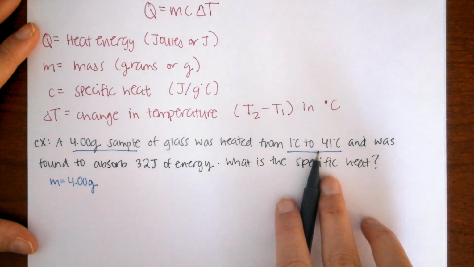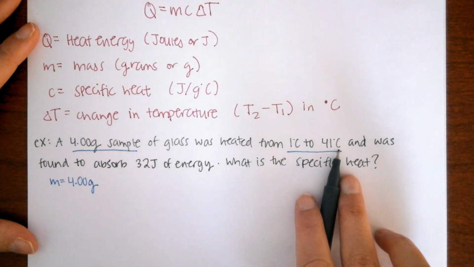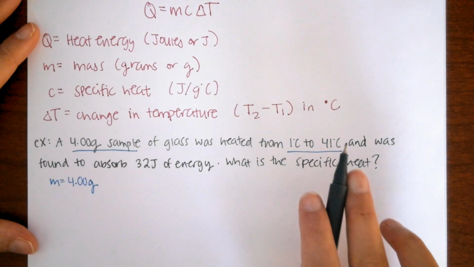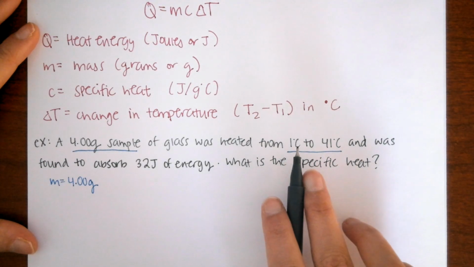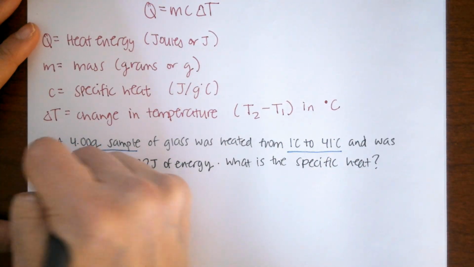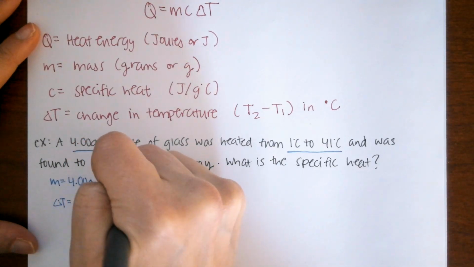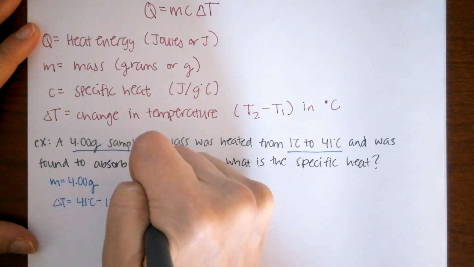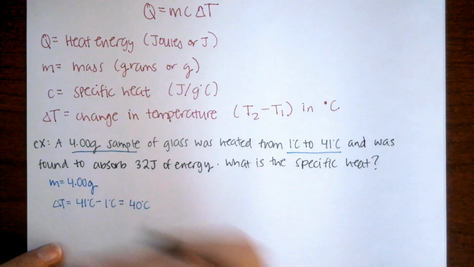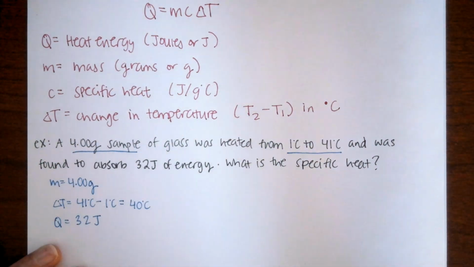In this case it is heated, and based off of T2 minus T1, my T2 is 41 degrees Celsius since it reaches 41, and it started at 1 degree Celsius. So my delta T is 41 minus 1, which is simply 40 degrees Celsius. And it has a heat energy, or Q, of 32 joules.